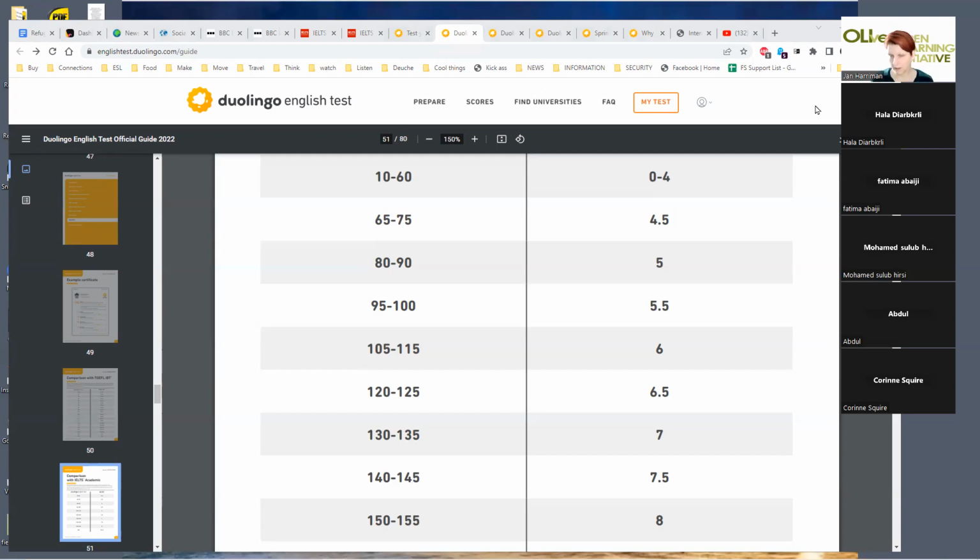So on my first practice, I got 110 to 145. So if I took the actual exam, I would be more likely to end up halfway in between, so I would get either a 6.5 or a 7 equivalent.